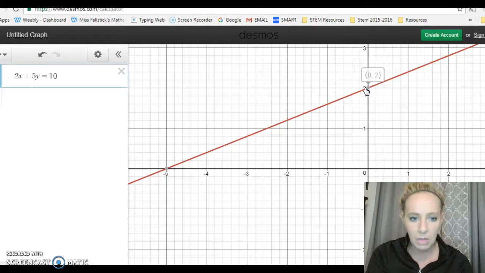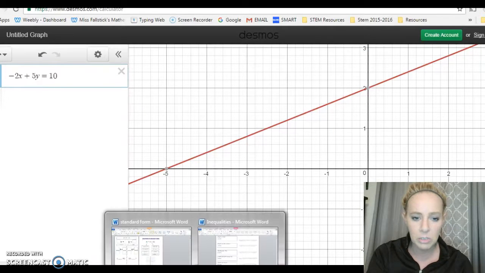Other than that, all equations of lines will intersect both the x and the y-axis. So here, this line intersects the x-axis at negative 5, and it intersects the y-axis at 2. We're going to use this information in order to solve and graph equations in standard form.